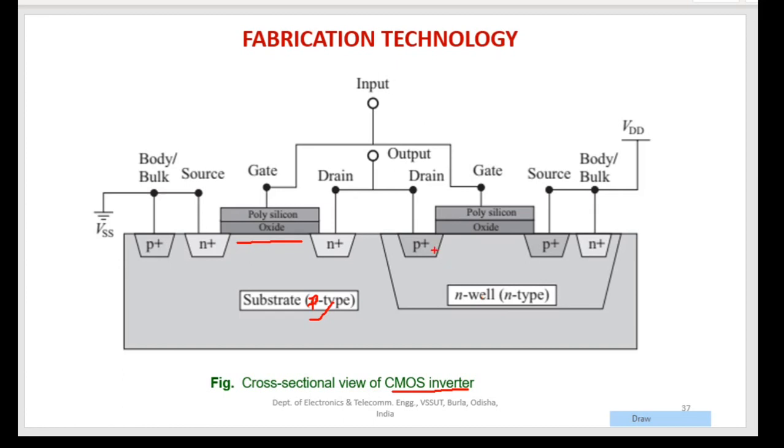This is the source of PMOS, this is the source for NMOS. And this is the channel that will connect the source and drain for PMOS. This is the gate for PMOS, this is the gate for NMOS. So we have source, gate and drain for NMOS, and source, gate and drain for PMOS.